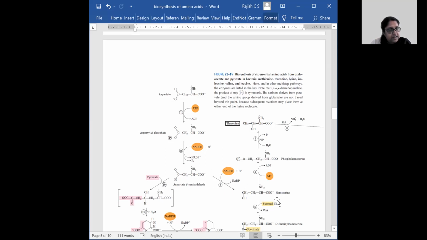So this can lead to the formation of homoserine, and that is a metabolite in the formation of methionine and threonine. But over here, since we are first looking at the lysine metabolism, lysine anabolism, so let us look into these steps that are involved in the conversion of aspartate beta semi-aldehyde into lysine.